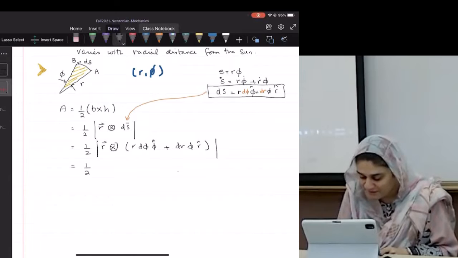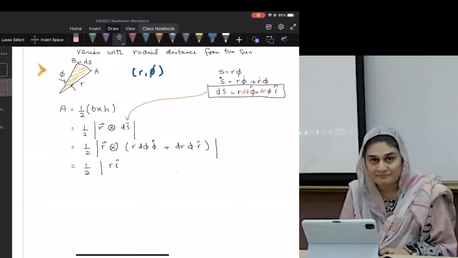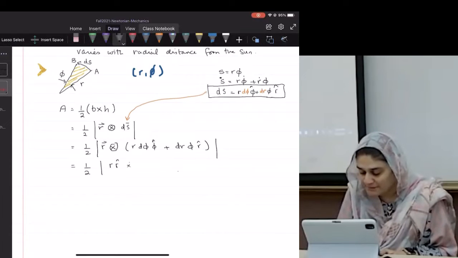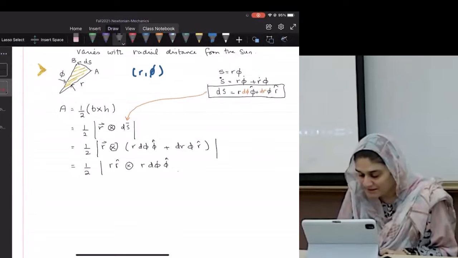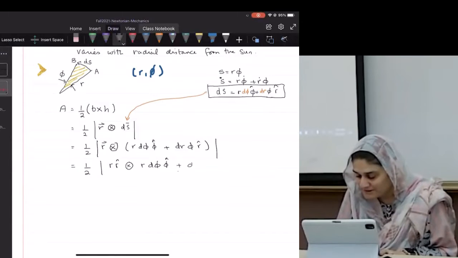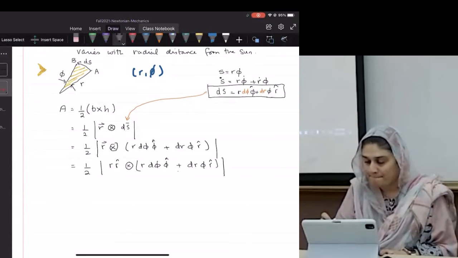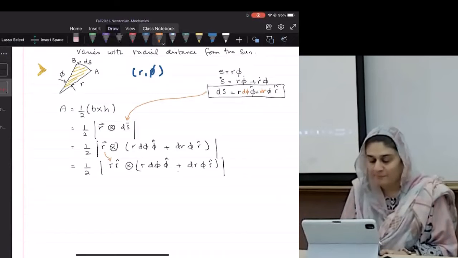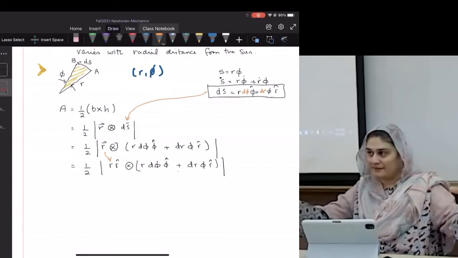So this means I can rewrite this as r hat times r dφ φ hat plus dr φ r hat. Now I'm going to multiply them through.